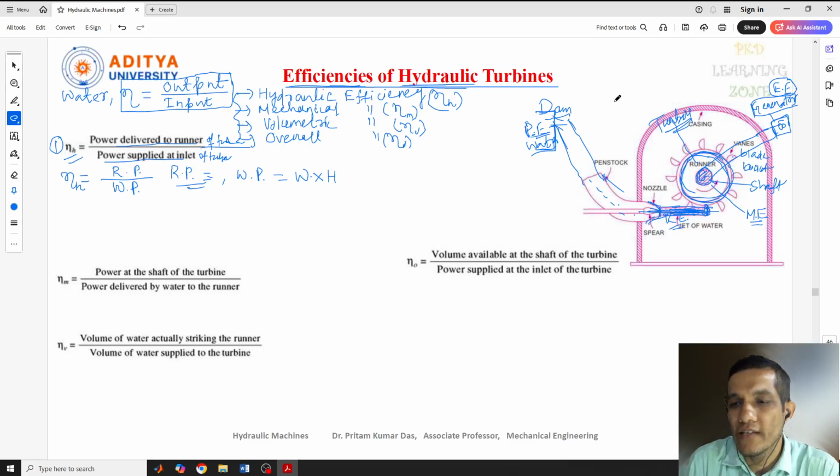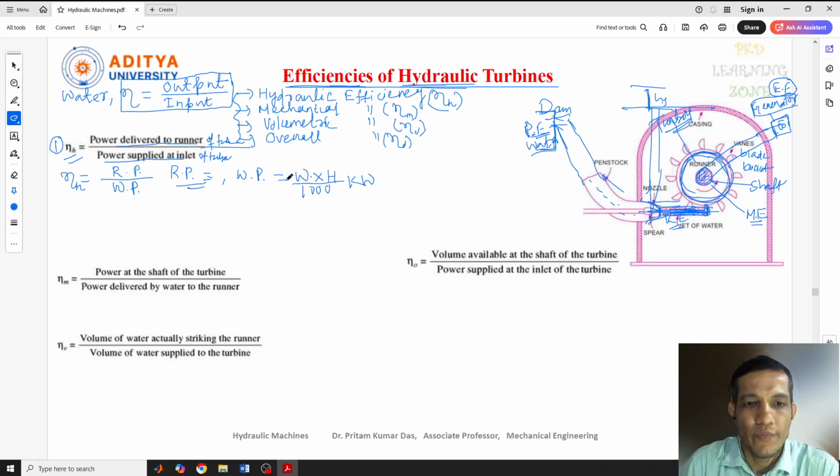Net head we have seen in the last lecture. What is the distance from here to here, and after some losses, how much distance is that? That is net head. W into H divided by 1000, to convert into kilowatt.